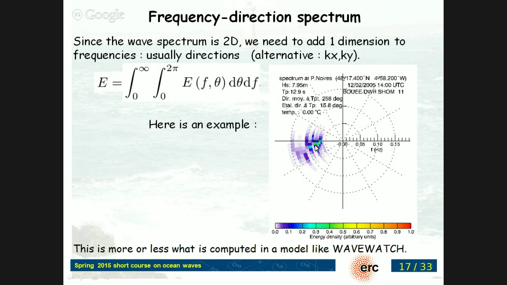Here, these directions are coming from the west, and the frequencies go from 0 at the center. This is 0.05 hertz. This is 0.1, and so forth. So here we have a peak, which is around 0.07 hertz. That's about a 15-second or 13-second period.